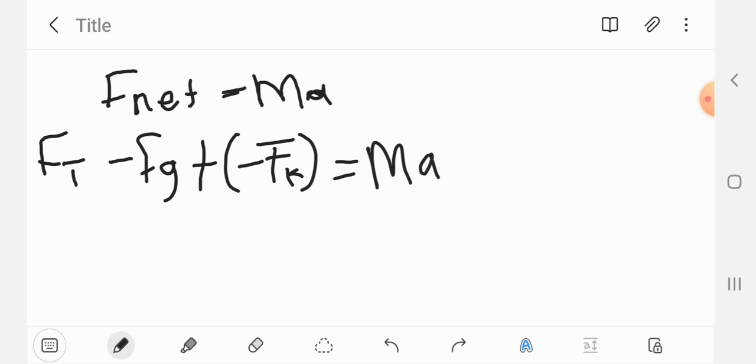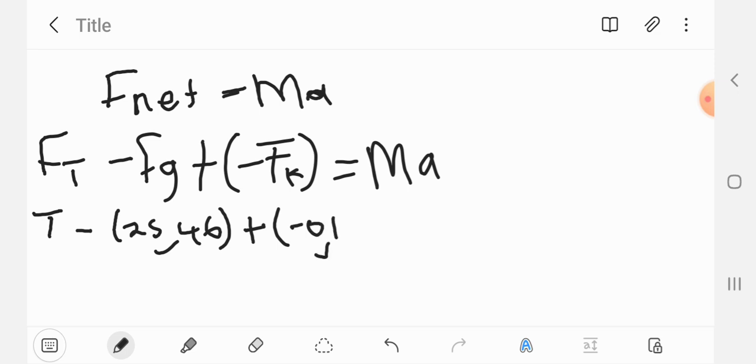We don't have tension, we are looking for it, but we have the gravitational force, which we calculated in 2.3.1 as 25,46, and we also have the negative 0,15, the coefficient that we were given.